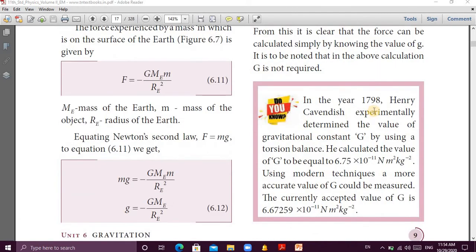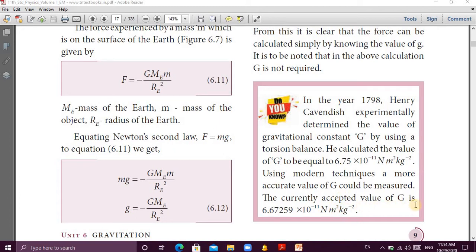In the year 1798, Henry Cavendish experimentally determined the gravitational constant value as 6.75 into 10 power minus 11 Newton meter square per kilogram square.